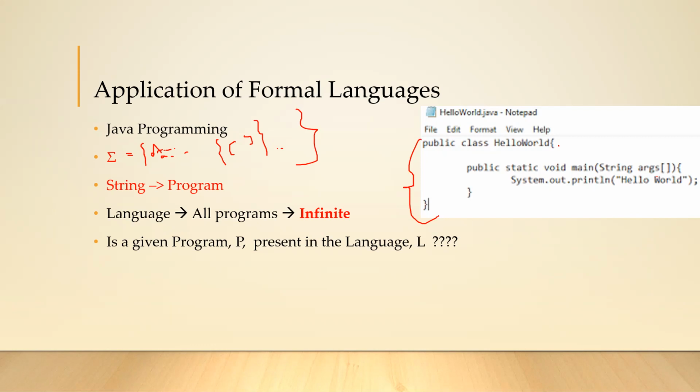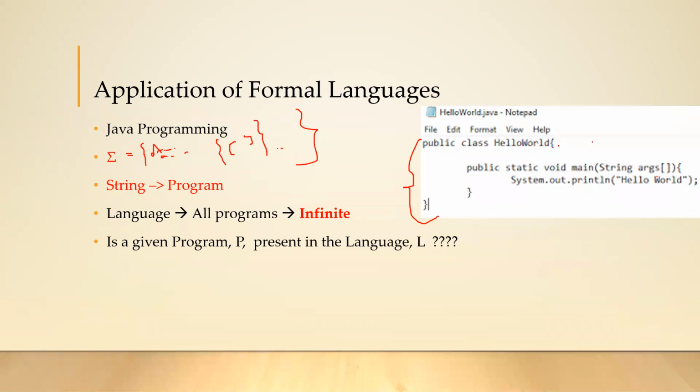Don't confuse your normal strings with your formal language string. When I'm talking about a string, I'm talking about a program, because I am considering the whole program to be a string. If you think about all the programs in the universe, you can say it is an infinite number of programs.